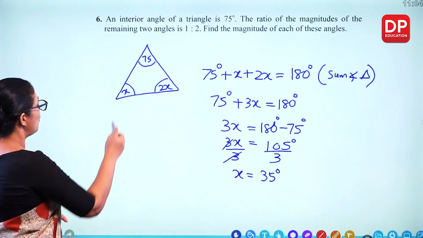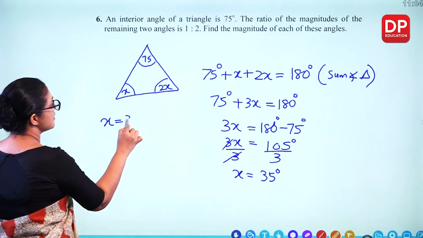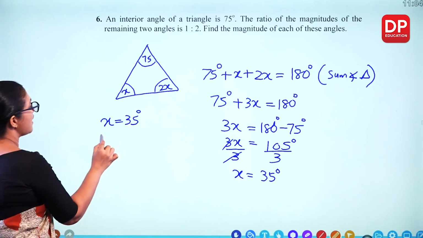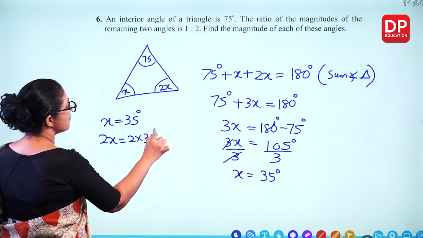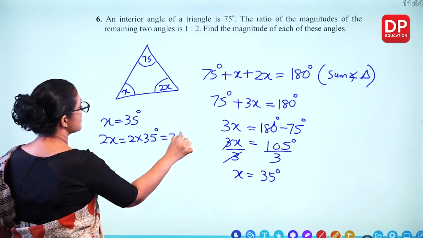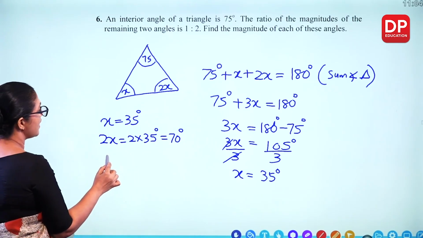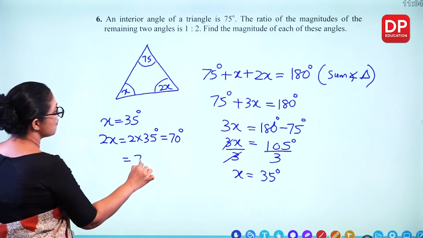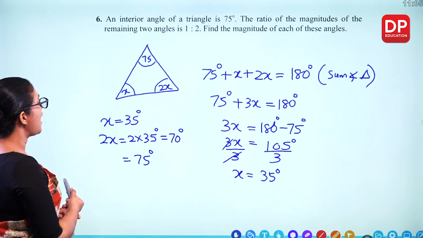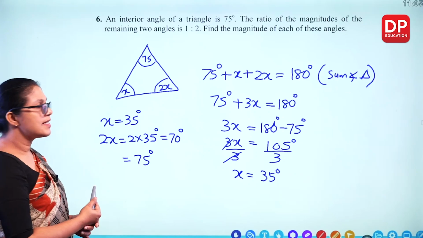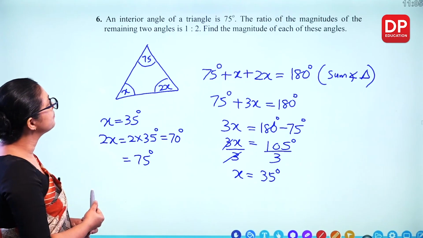Now, one angle is 35. The other angle is 2x. 2 times 35, that's 70 degrees. And the other third angle is 75 degrees. So, these are the three angles, 35, 70 and 75.